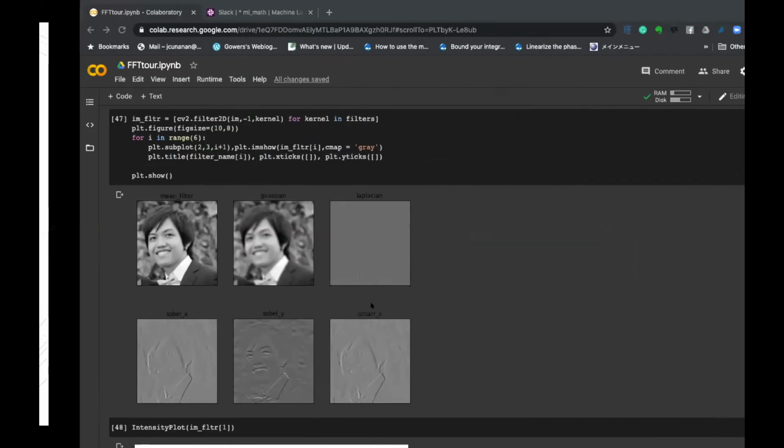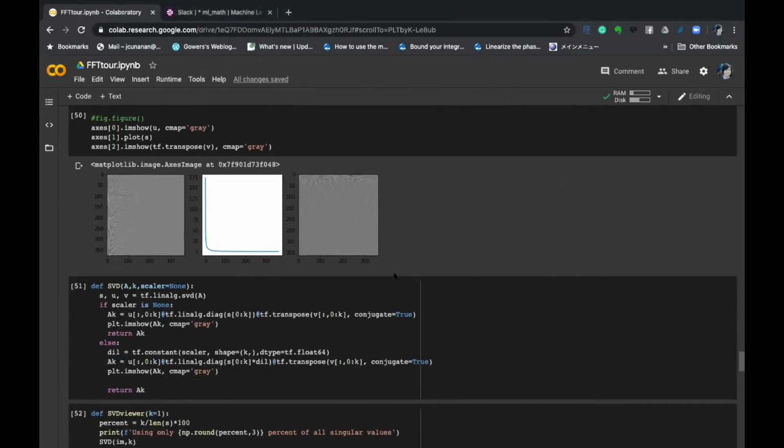It's not the case. Sorry, yes, that was actually my realization while playing with this. The first one corresponds to the lower frequencies, and the further down you go, the higher they become.